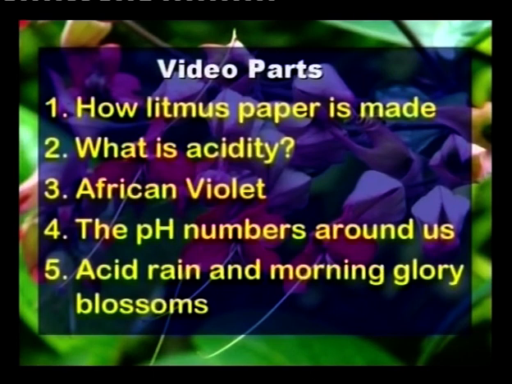The pH numbers around us. And the last part, acid rain and morning glory blossoms. Morning glory is the name of a flower. Those are the different parts of the video that you will be viewing.